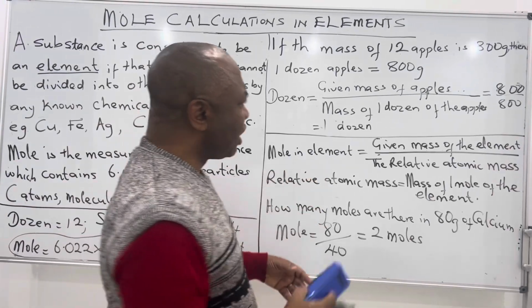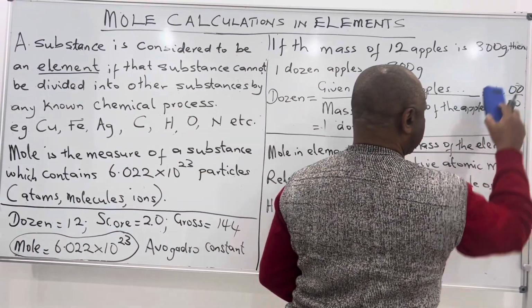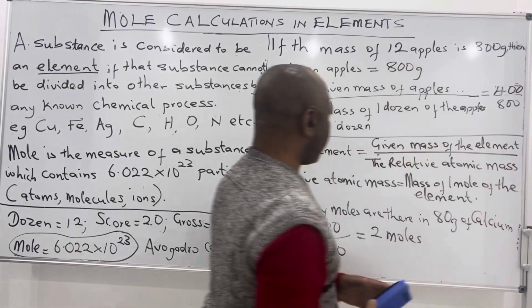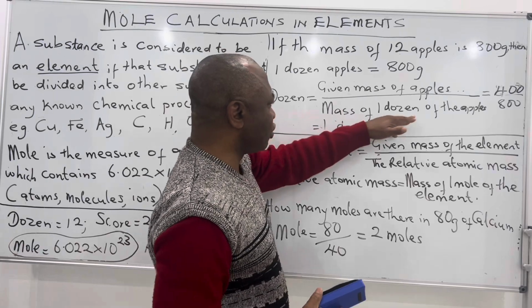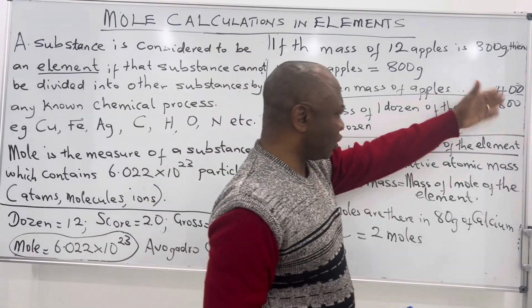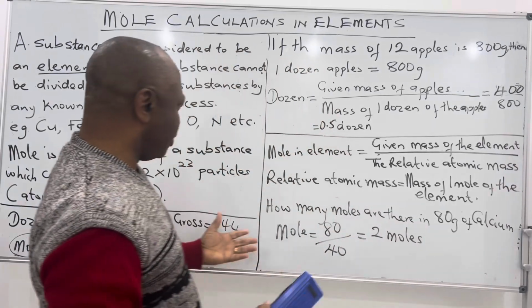In the same vein, if the given mass of the apples is 400 grams, and the mass of 1 dozen of the apples is 800 grams, then doing the calculation, you have 0.5 dozen.